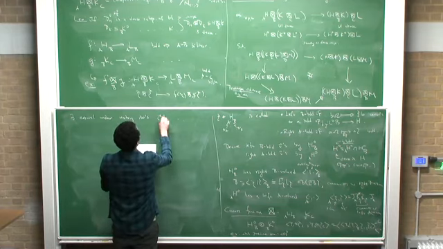Coherence, as follows. If I do H box times L2B box times K, I can associate this differently.